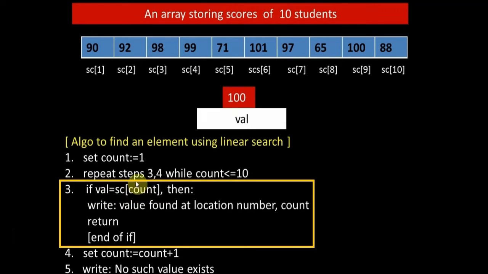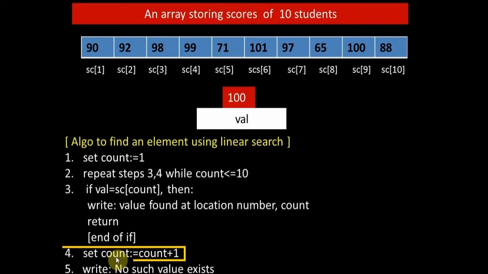Now what is the value of count right now? It is only 1. So if val is equal to SC1, what is the value of val? 100. We are going to compare it with the first element, that is SC1. Does it match? No, right? So this if condition is false, so all these statements will not be executed.